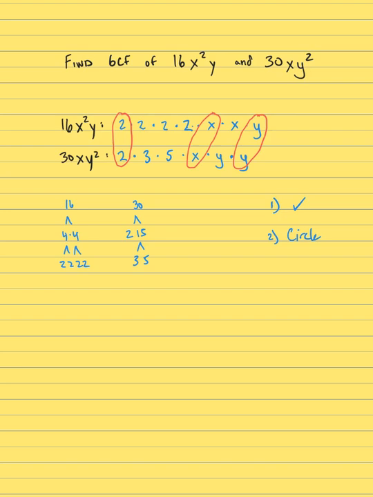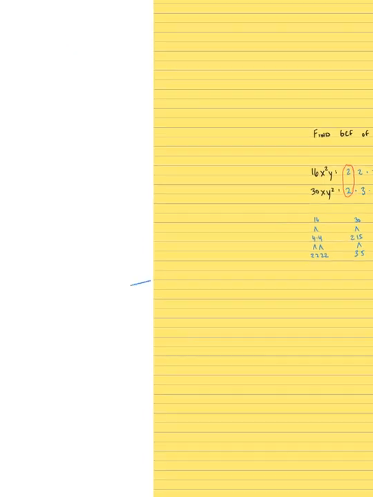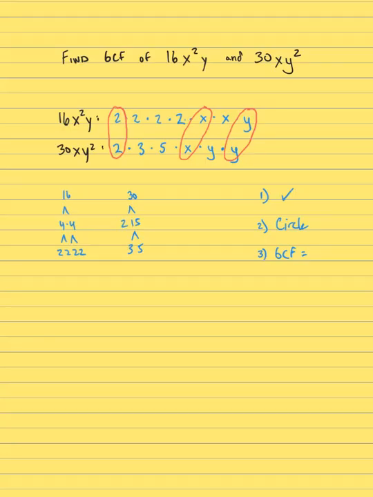So I've done step 2, and then my step 3, my GCF equals the product of the common factors. My GCF is my product, multiply, of the common factors.